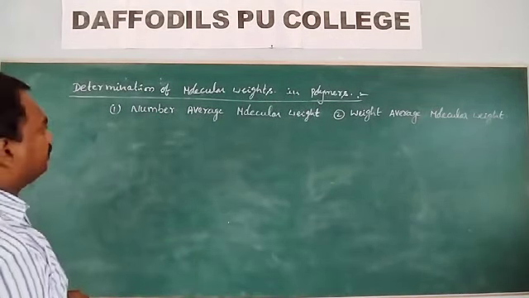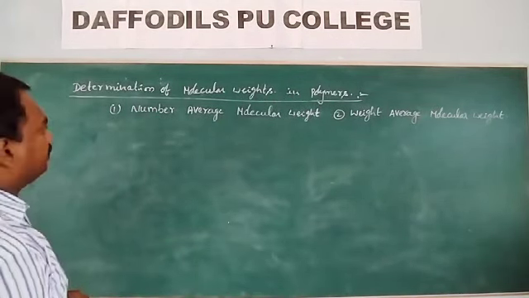One is number average molecular weight, denoted by Mn bar. The second one is weight average molecular weight, denoted by Mw bar.